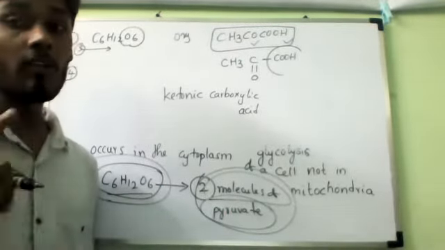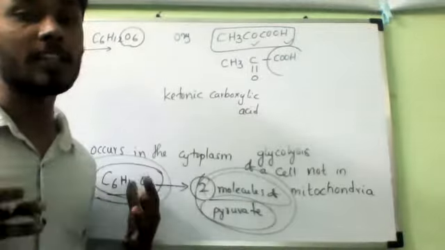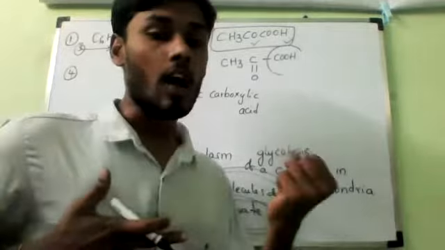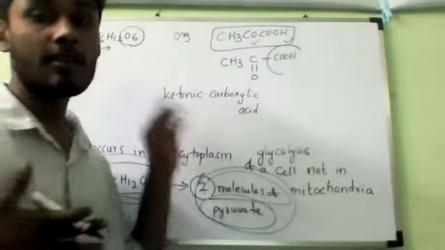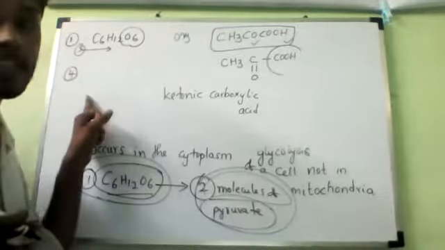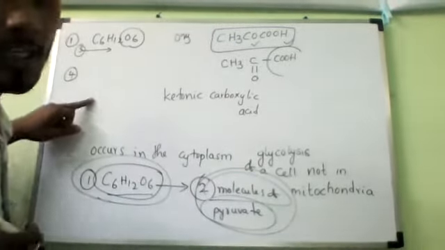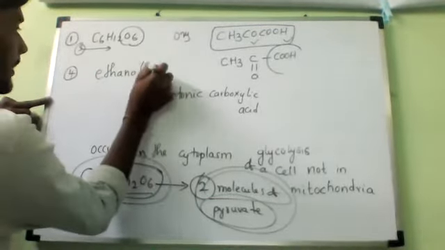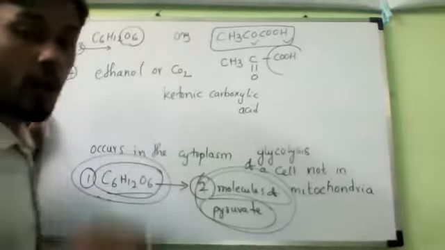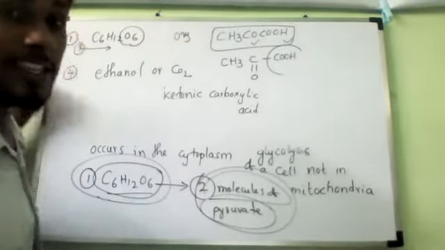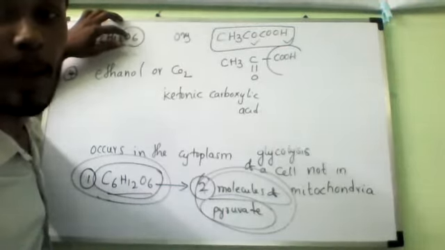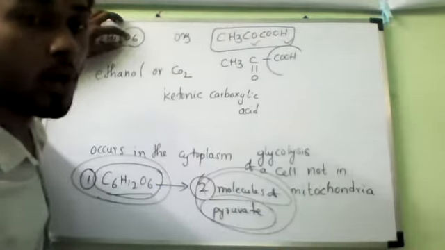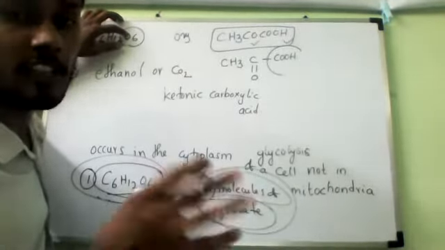If, however, oxygen is not present in the cells, that is, in the absence of oxygen, the pyruvate or pyruvic acid is converted into ethanol. Remember, if oxygen is present, the pyruvate is completely oxidized to carbon dioxide and water, and a lot of energy is released.